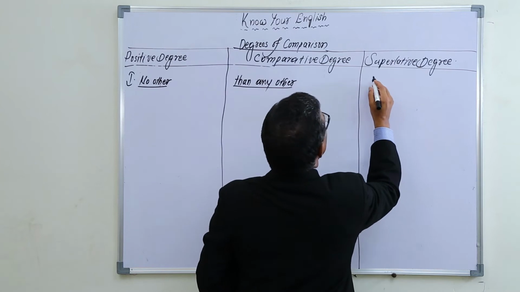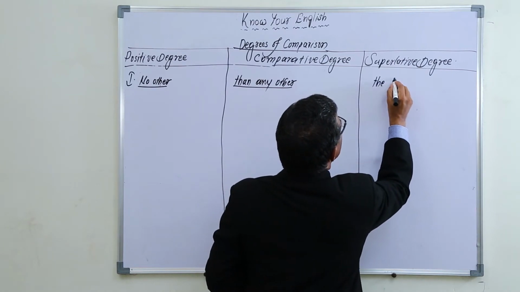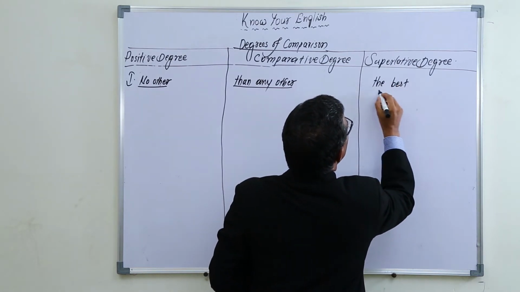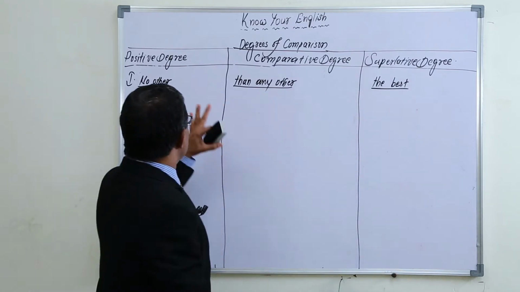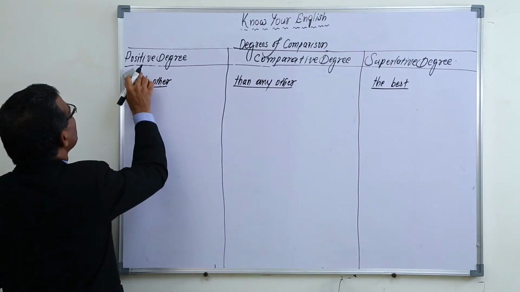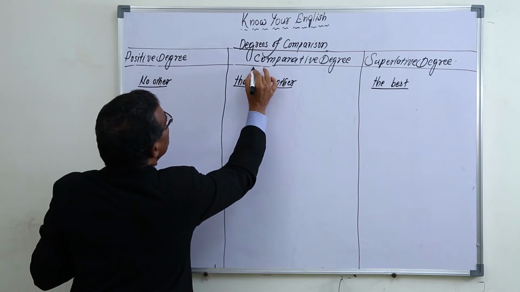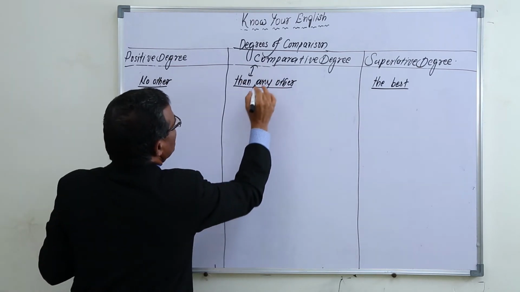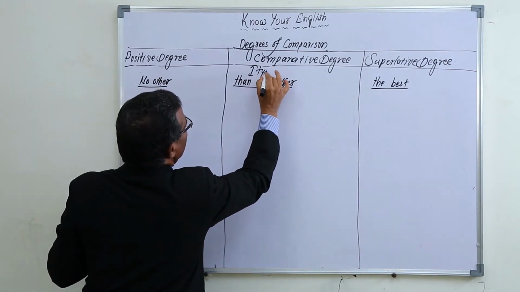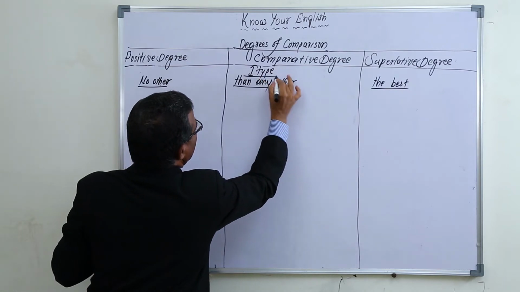And in superlative degree, we find the best. The best. This is one type. This is the first model, the first type of sentences.